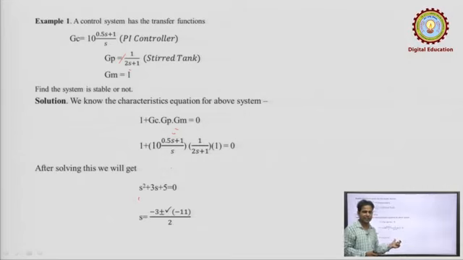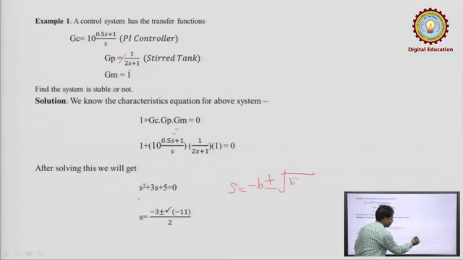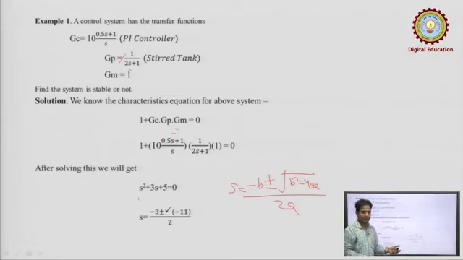You can easily get the roots of that characteristic equation by Sridharacharya rule. You know that s equal to minus b plus minus root of b square minus 4ac by 2a, that is Sridharacharya rule simply.